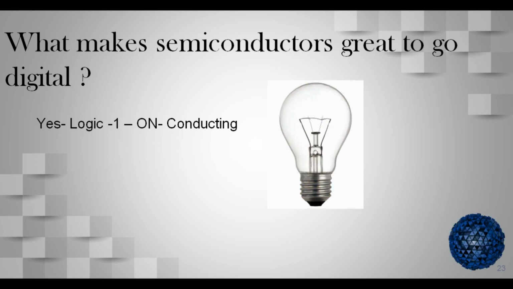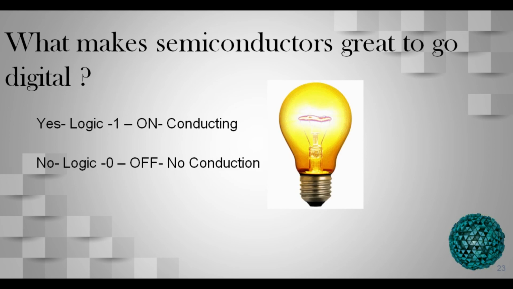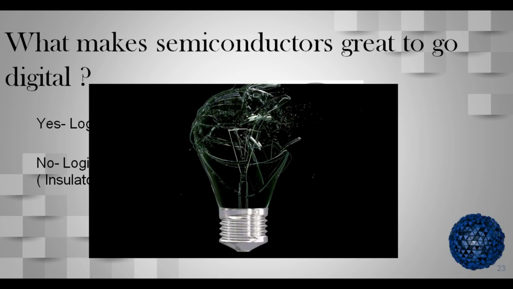And whenever I remove the supply given to my semiconductor, it will be logic 0. That means no conduction. So, everything between on and off is considered as the digital logic of ones and zeros. That makes the digital system. And no conduction means it is an insulator. So, we use semiconductors because they have both the properties of a conductor and an insulator.